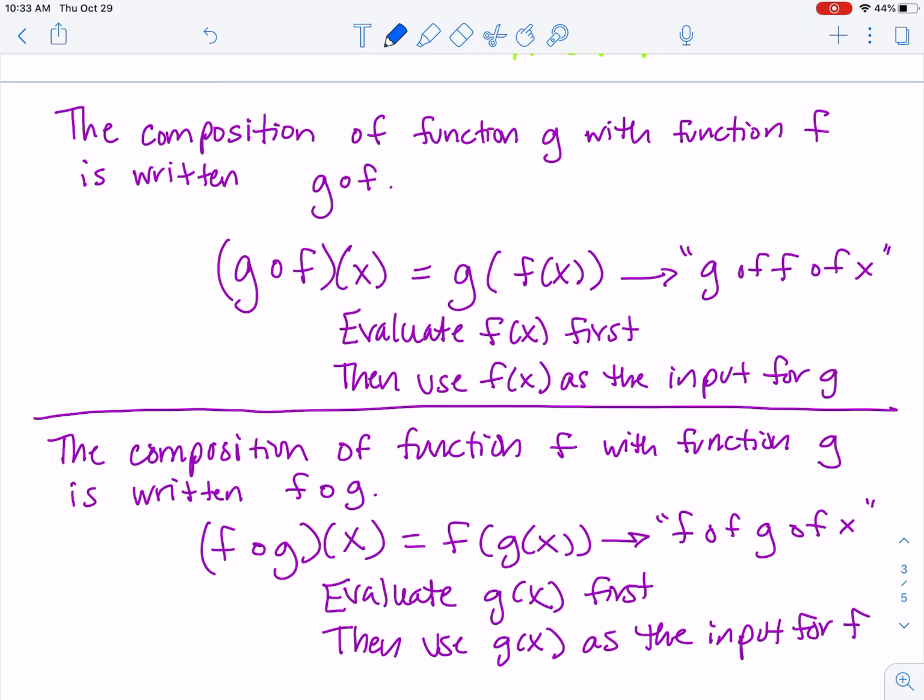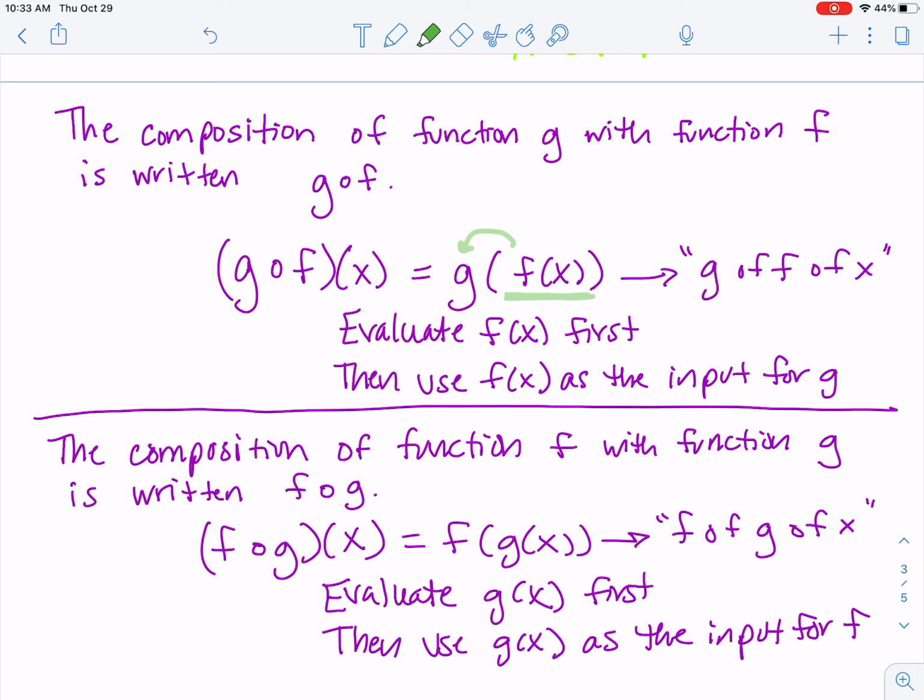So you would start with your parentheses and evaluate f of x first. So take the x value, plug it in f, get an answer, take that answer and substitute it into g. So you're going to use the answer, which was the f of x, as your input for g. Okay, whatever you get once you do that, that's your final answer.